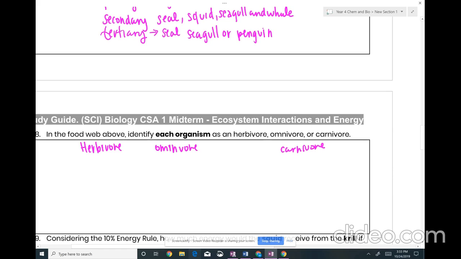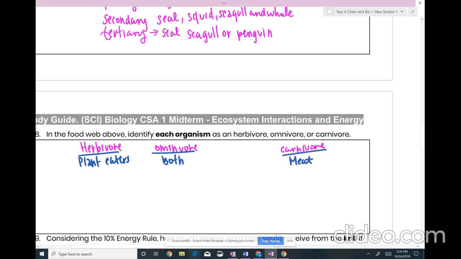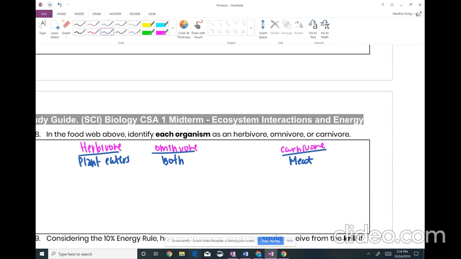So if you guys do not remember, right, these are our plant eaters. These omnivores eat both, right? And then carnivores eat meat. Right, so now we're going to divide the animals that we see based off of those categories on there.